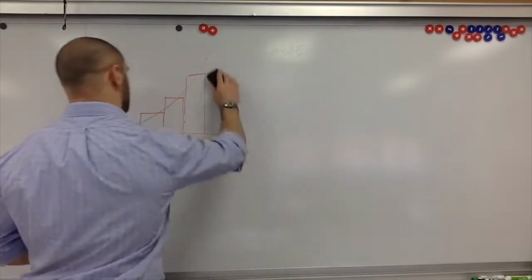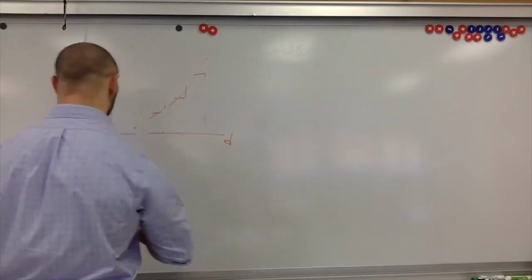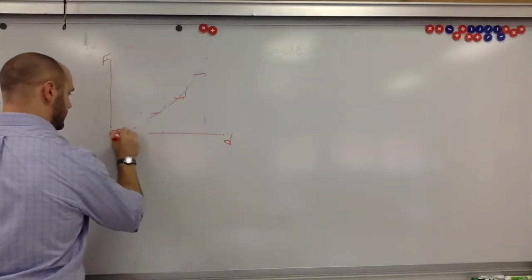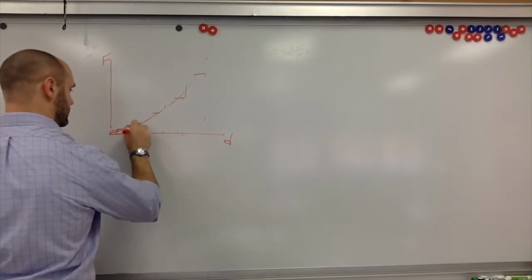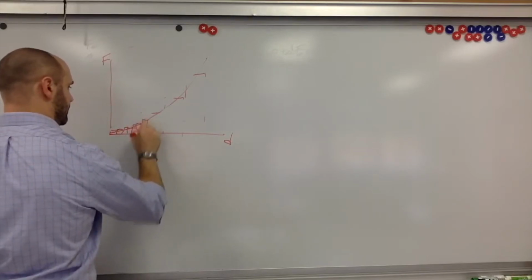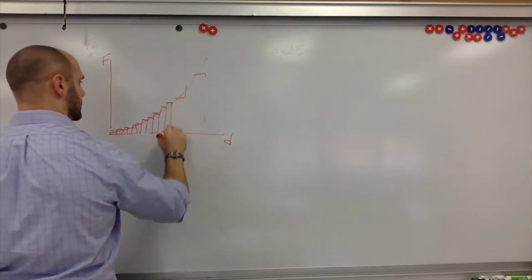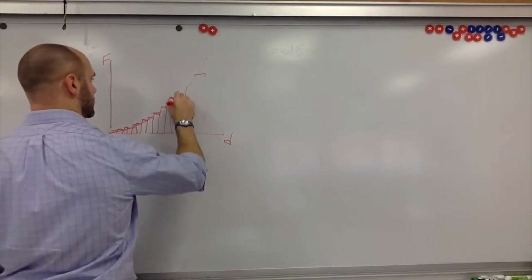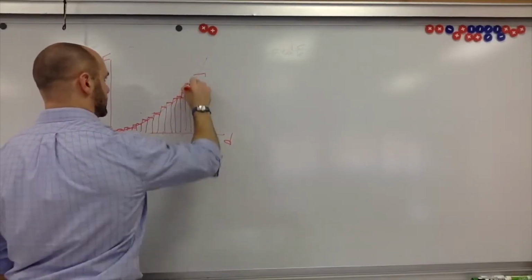So what if I had something like this, with all these rectangles, and this is good. This is going to give me a good approximation, but couldn't it get even better? Couldn't I make these even smaller somehow?